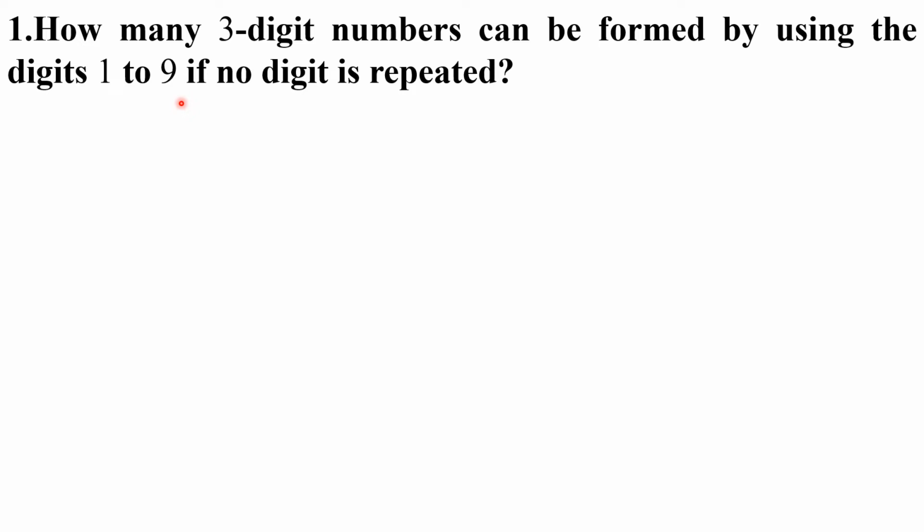Yes or no? Do you remember that method, my dear children? Yes. Here also we can use the same method, but here we use nPr notation. In this exercise, we use nPr notation in most cases. Okay, my dear children? Right. Now come to the solution.